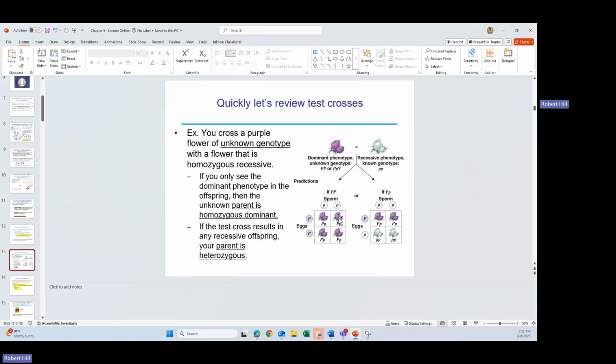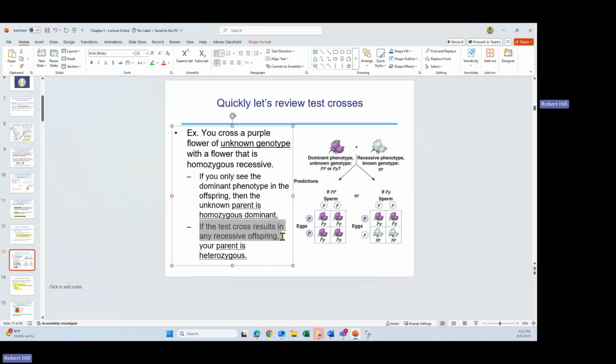So over here, this is the homozygous dominant, big P. This is the heterozygous, and what do we see? Well, when you have 100% of the progeny that are purple, you know that one of the parents was homozygous dominant. When you start to see the recessive phenotype, you know the parent is heterozygous because it doesn't come out in this dominant phenotype, big P. All right.